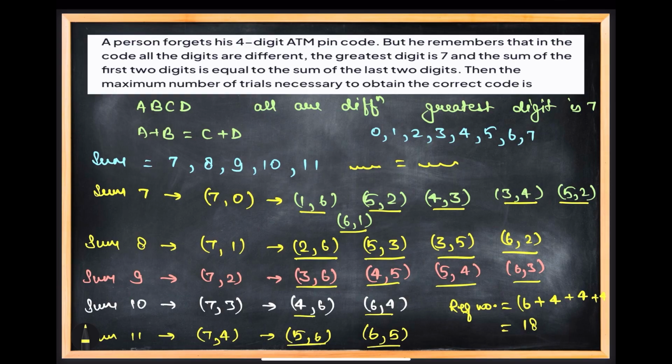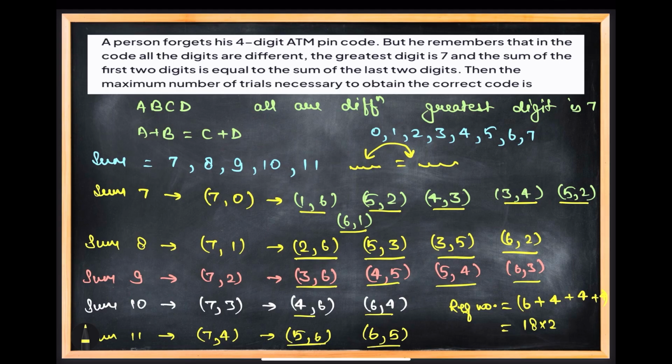Now try to understand. We have to do something. First, can we switch the places? Okay, meaning the 7 digit on this side or the 7 digit on that side. So for that we will have two cases.